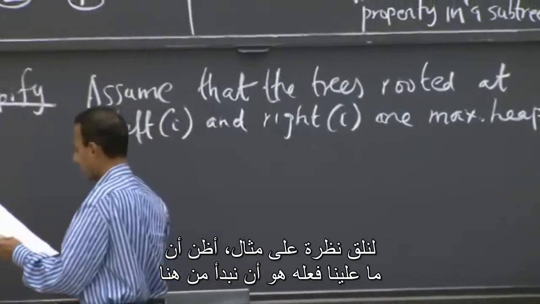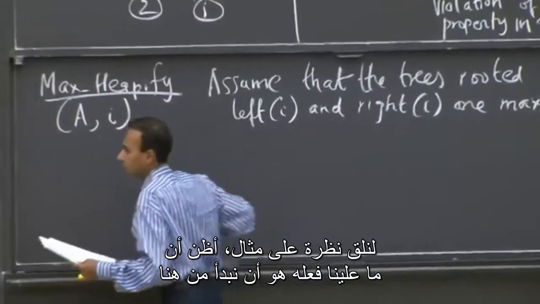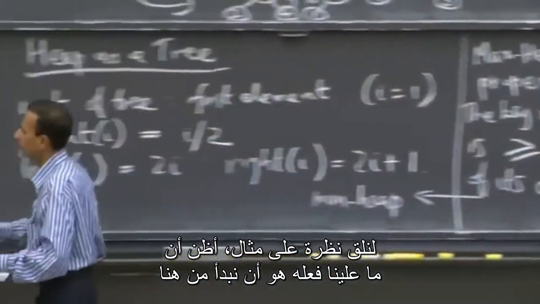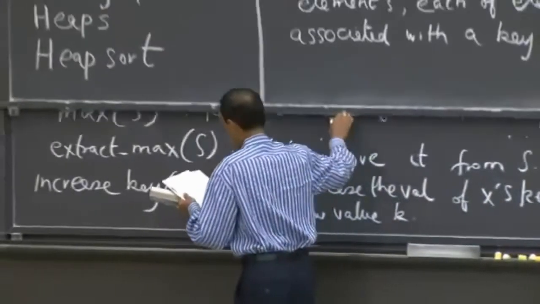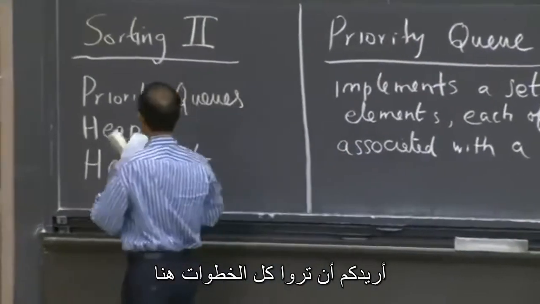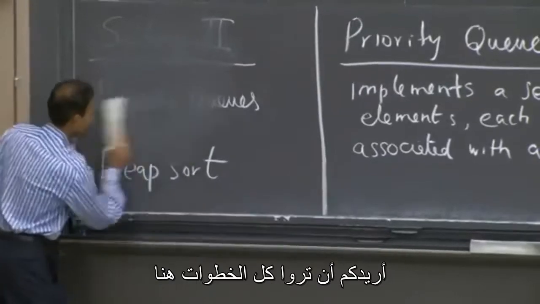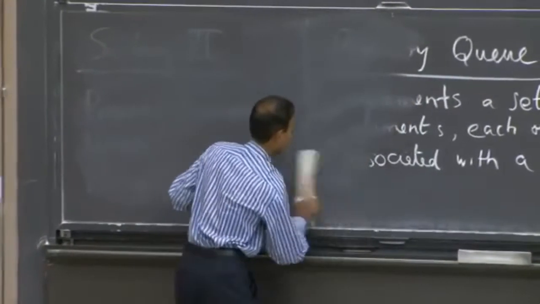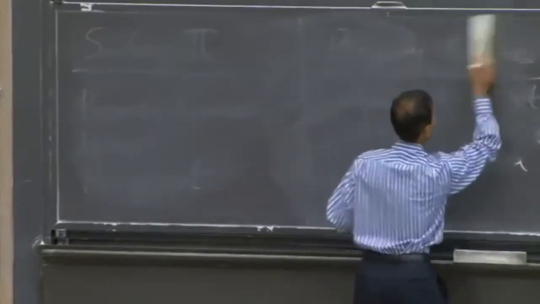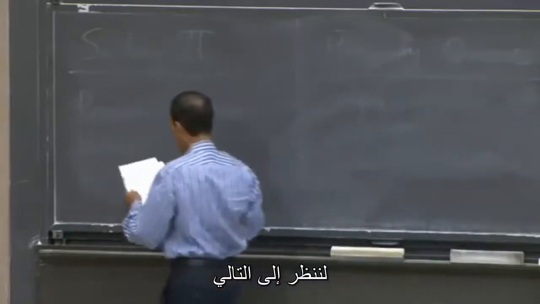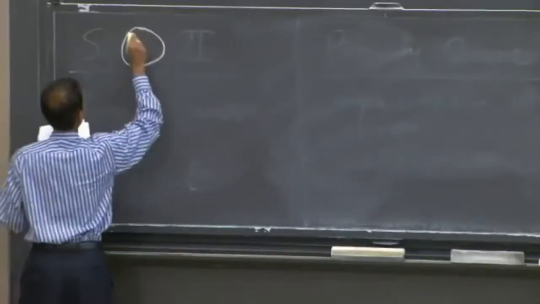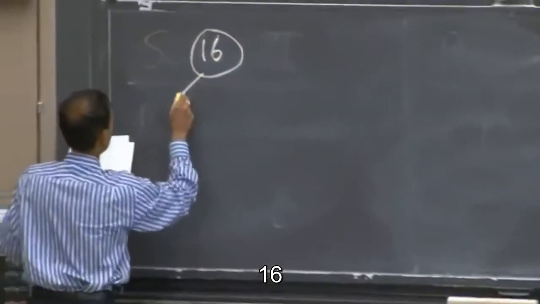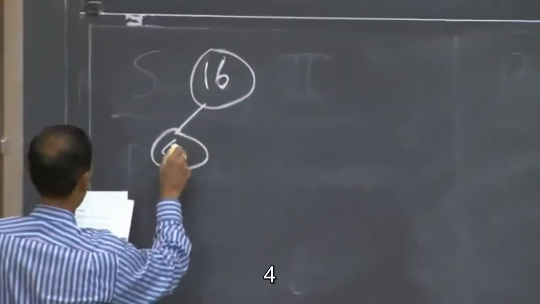So let's take a look at an example. I think what I want to do is start over here. I want you to see all of the steps here. So we'll take a simple example and we'll run through max heapify. And let's take a look at 16.4.